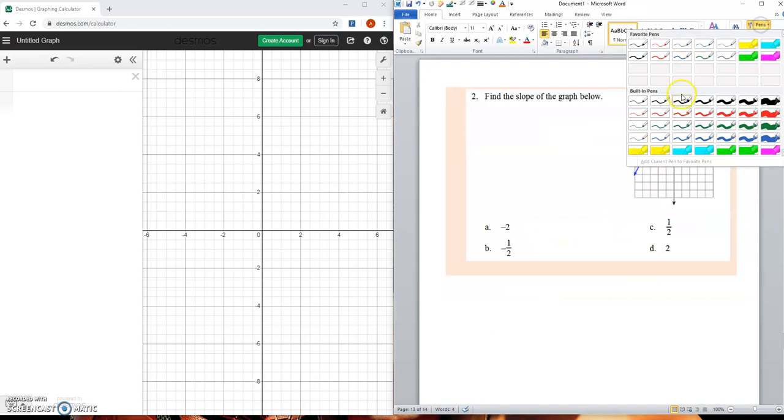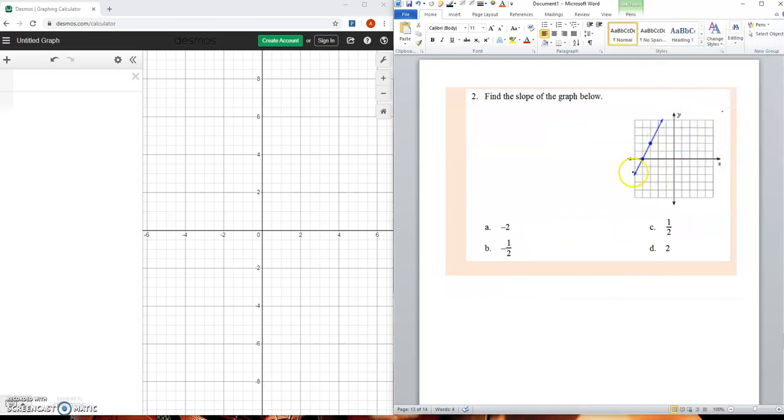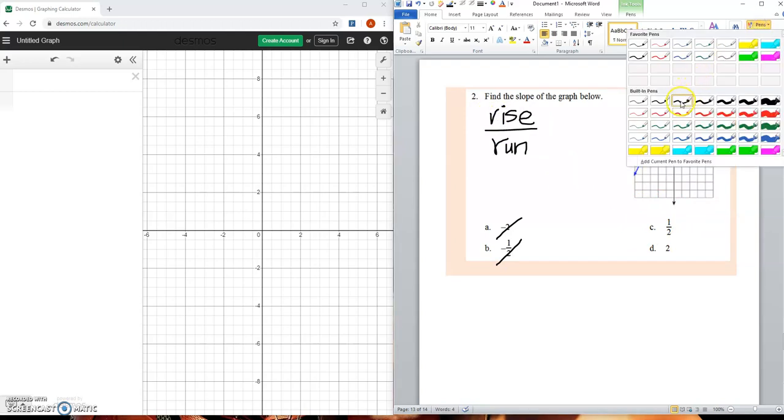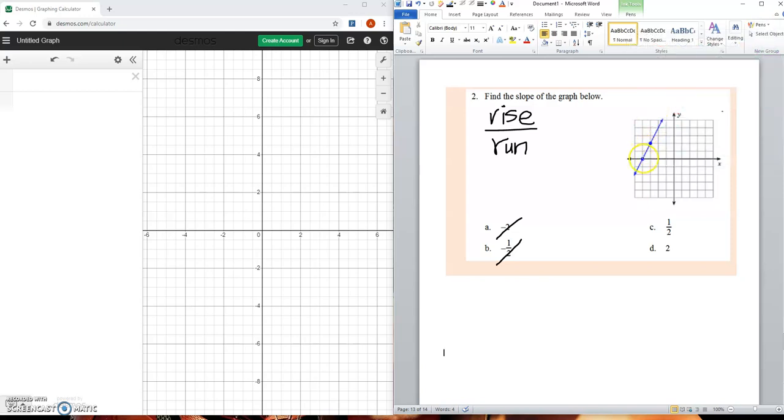So on here, you know that this is positive because your line is going up. Therefore, this is already scratched out. Scratch out, you're down to 2. Again, let's do our rise over run. Okay, and again, we can do both ways, okay? If we're coming here from the bottom, your rise is +2 because you went up. And then your run is +1 because you went to the right. So +2 over +1 is +2.